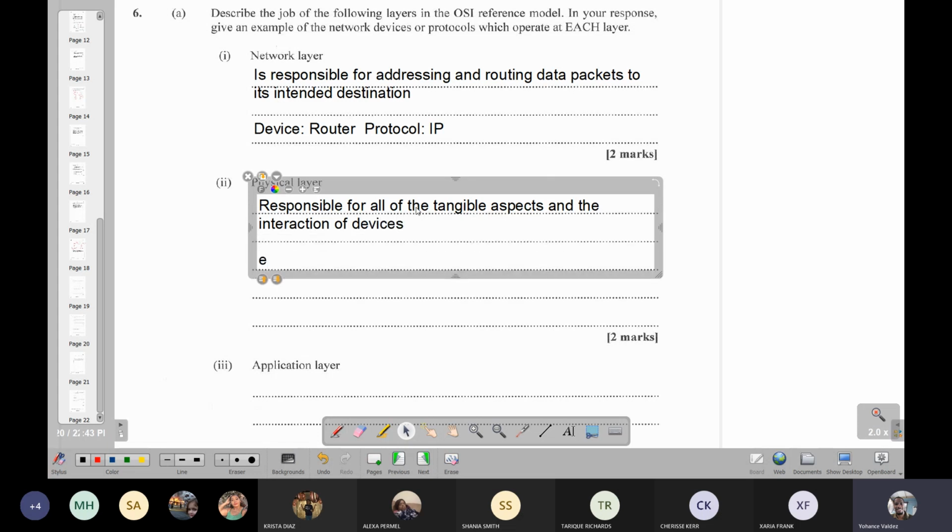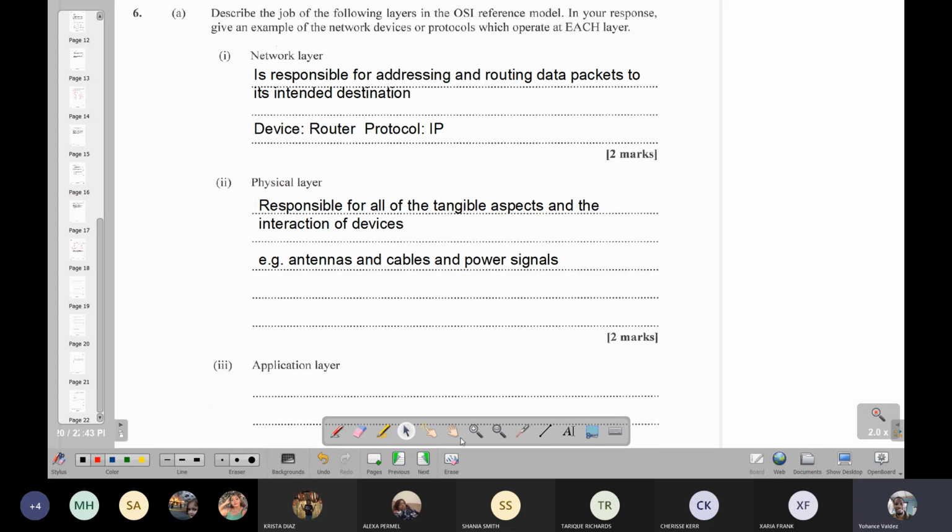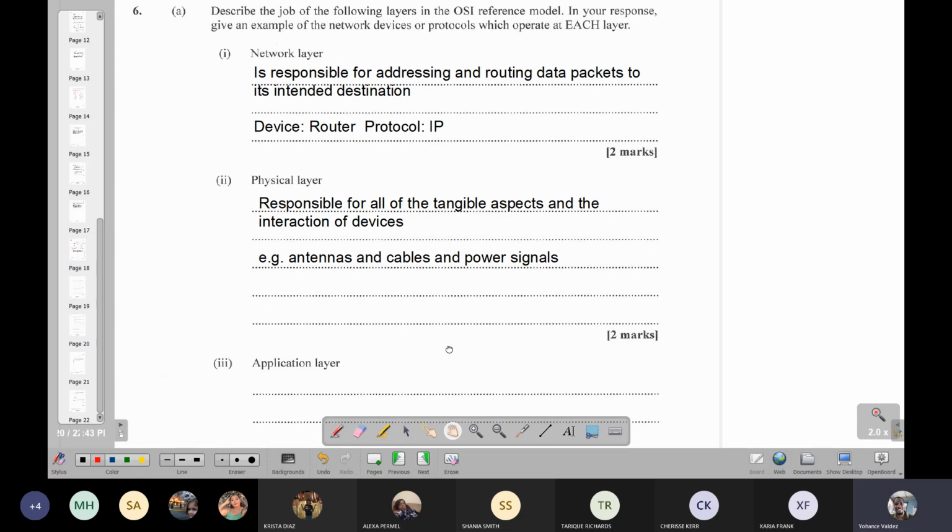So, for example, antennas and cables and power signals are in the domain of the physical layer. And the application layer, what is inside of the application layer?